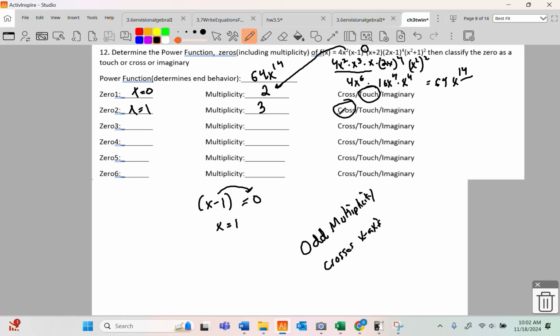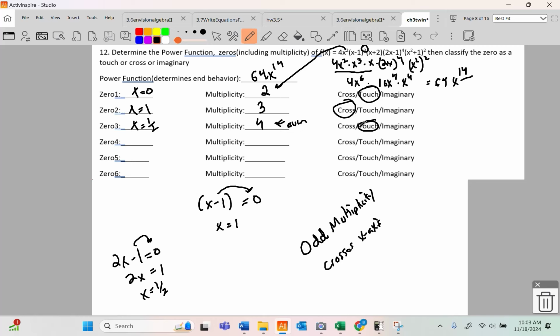That's a cross. Zero 3 happens at this factor. 2x minus 1 is a nothing. Add 1, divide by 2. X is a half. The exponent is 4. Again, 4 is even, and evens touch.